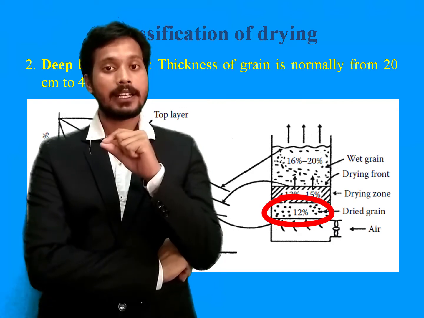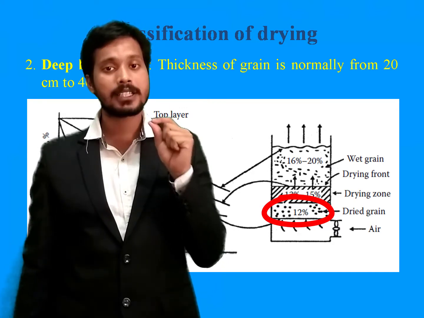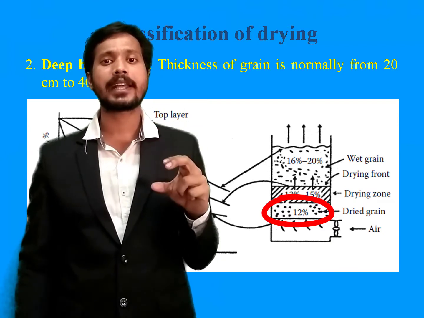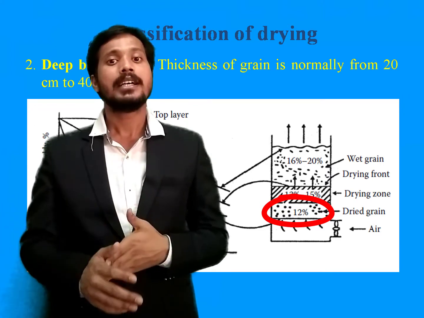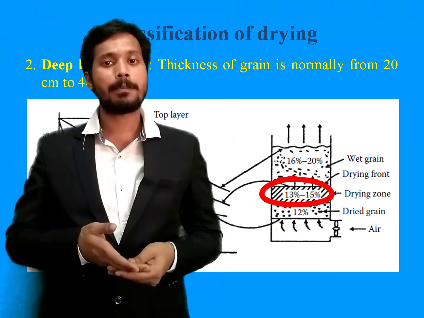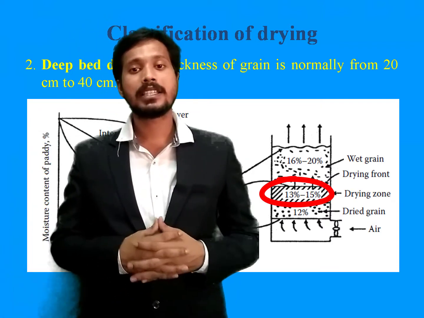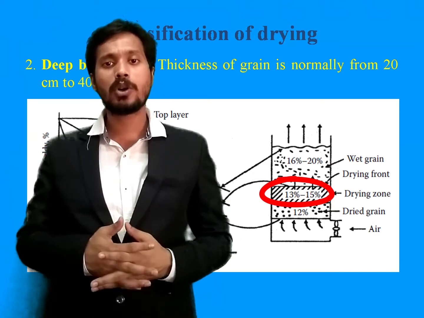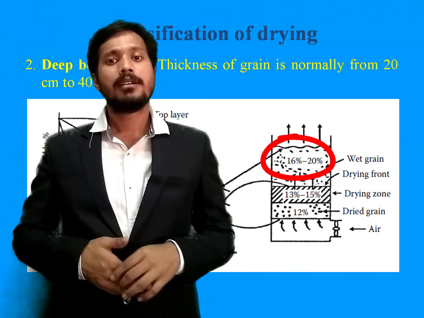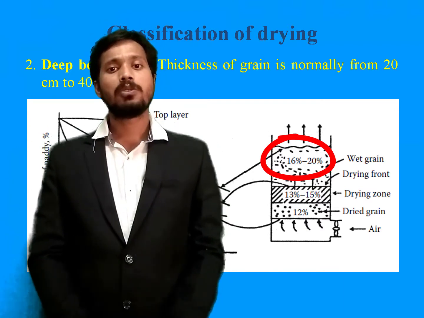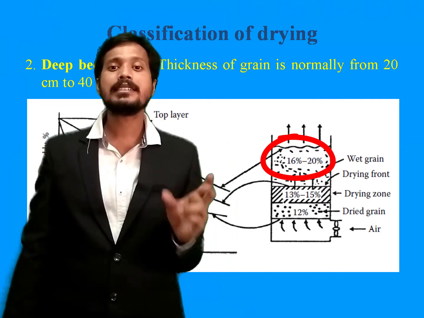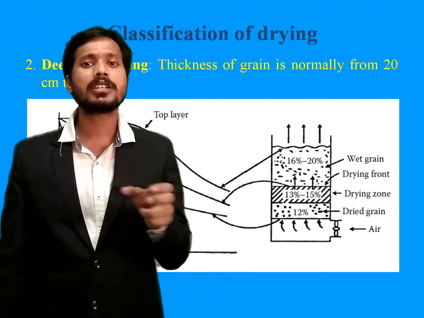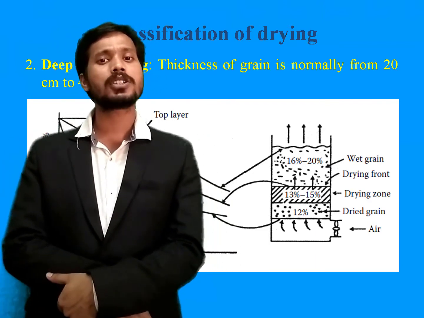Naturally, that lower portion of the grain will be heated so much, whereas if you go a little bit up, the grain is not that much heated. And if you go more to the top, you will find wet grain present. This is the difference in deep bed drying. That's why this is non-uniform drying; the drying does not occur uniformly.